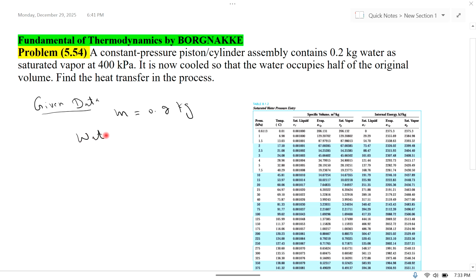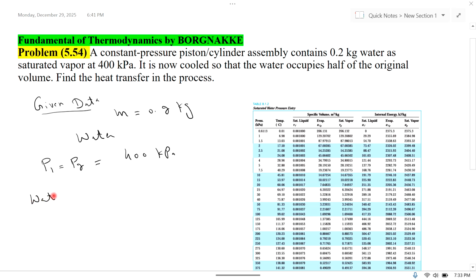The working fluid is water, so we will use the steam table. It is a saturated vapor at 400 kilopascal and the pressure is constant. So P1 is equal to P2 is equal to 400 kilopascal.